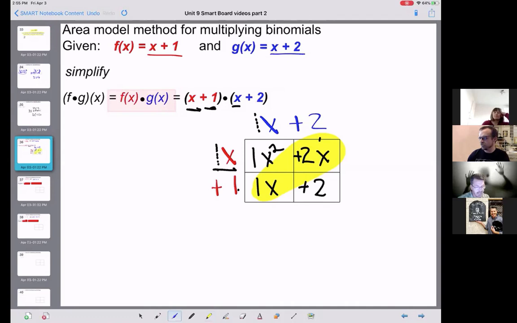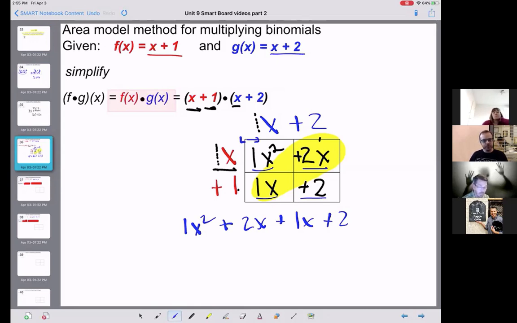But if you don't see that, simply write from the top left corner, working your way across, then go to the bottom corner, and write them out. Go 1x squared, check, plus 2x, check, plus 1x, check, plus 2. And now I've written them from left to right and then from top to bottom.